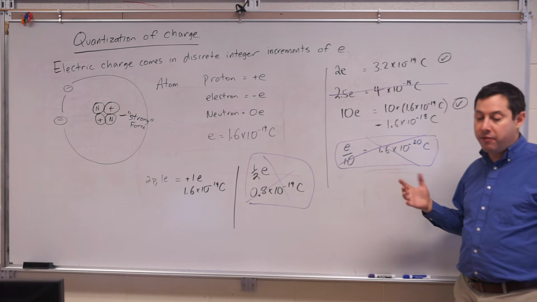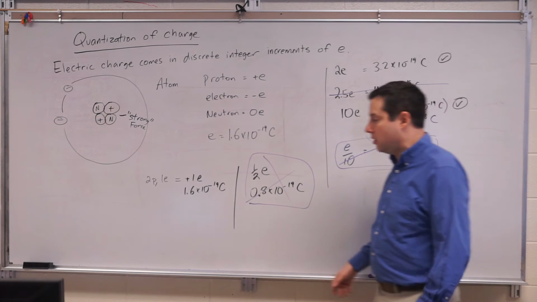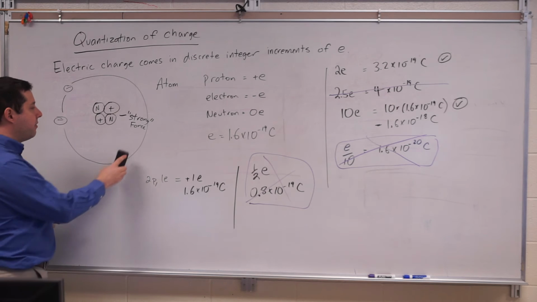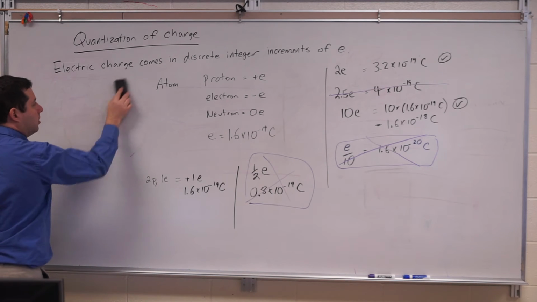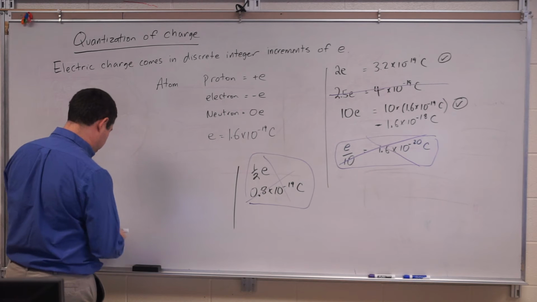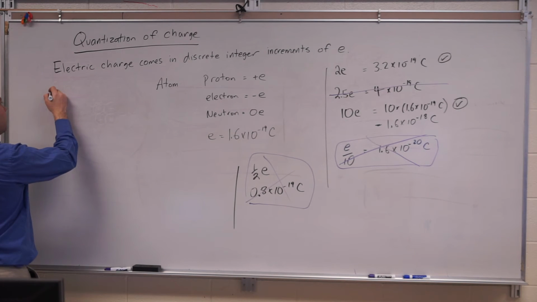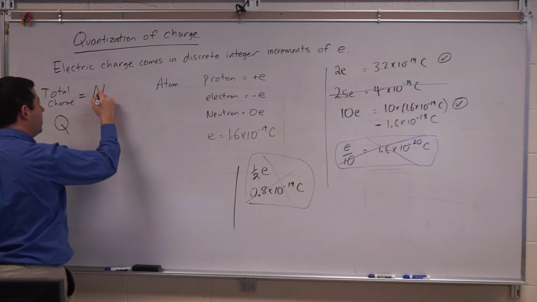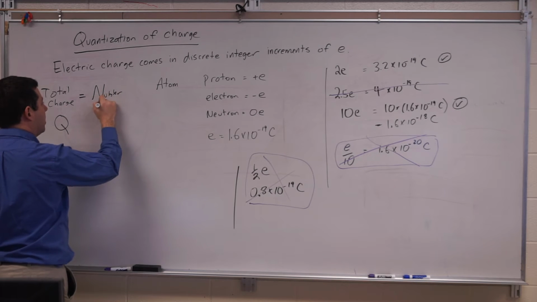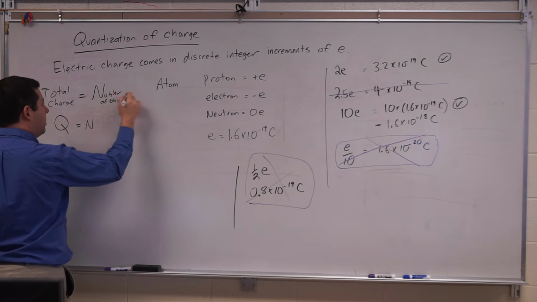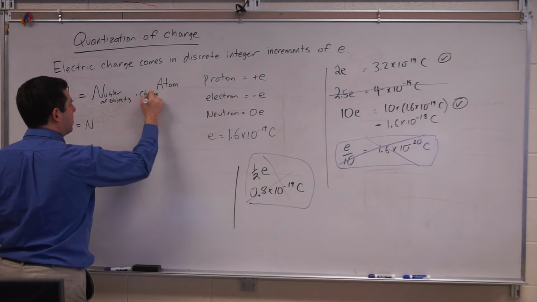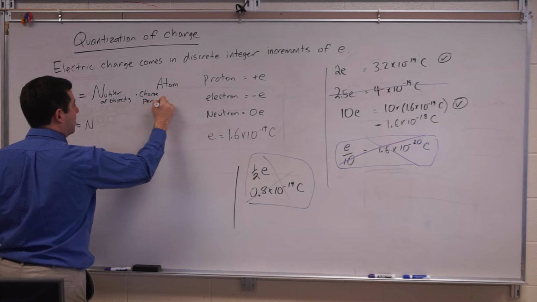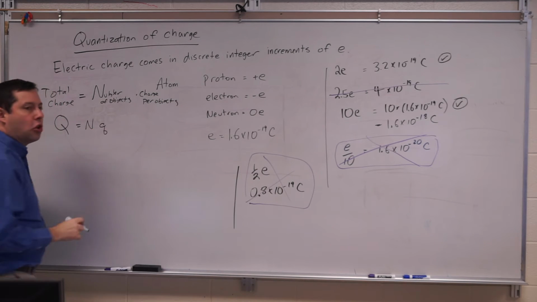If you want to figure out what the total charge is of an object, it's a simple equation. It's not given on the reference table, but this might help you solve some of these questions. Imagine this: the total charge, I'm going to call that Q, is equal to N, which is the number of objects, times the charge per object. I'm going to call the charge per object just lowercase q.